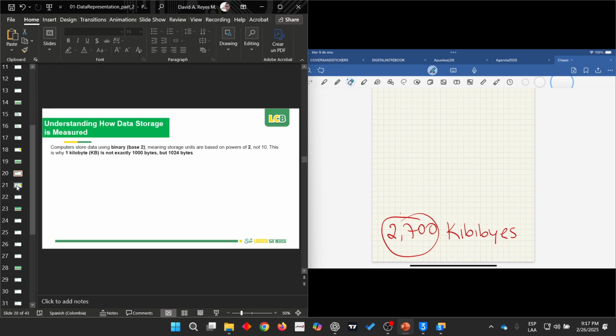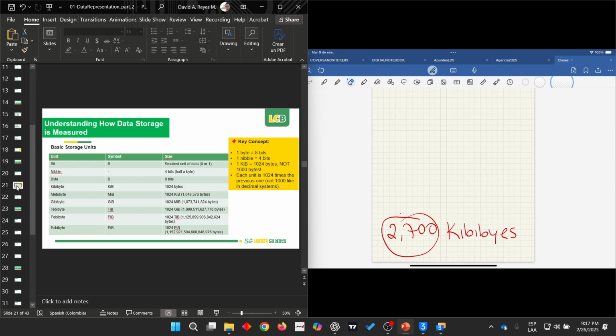So we have kilobytes. Yes, I use kilobytes. That means that now I am going to use this number, 2,700. I am going to multiply it by, what do you think?